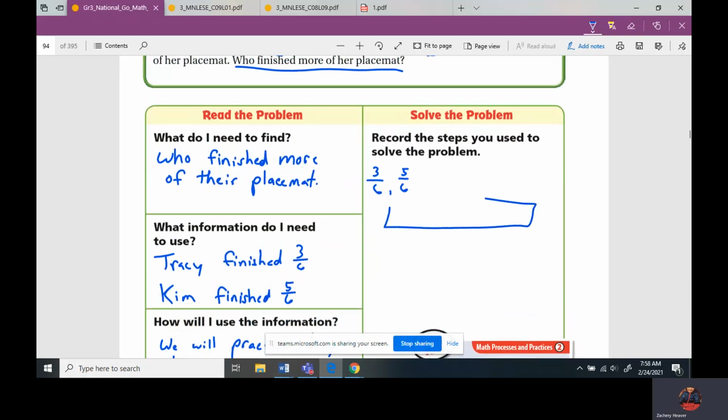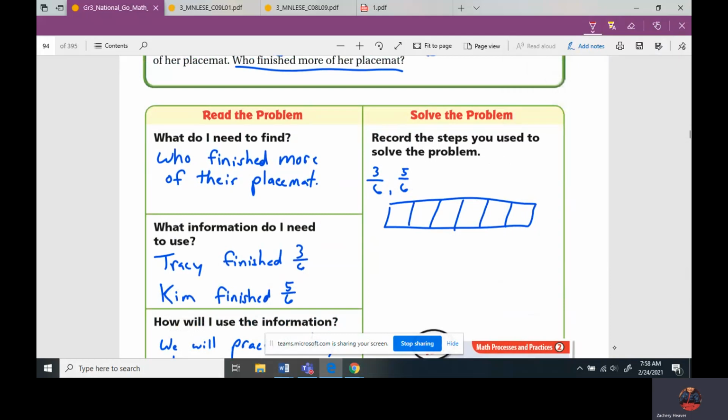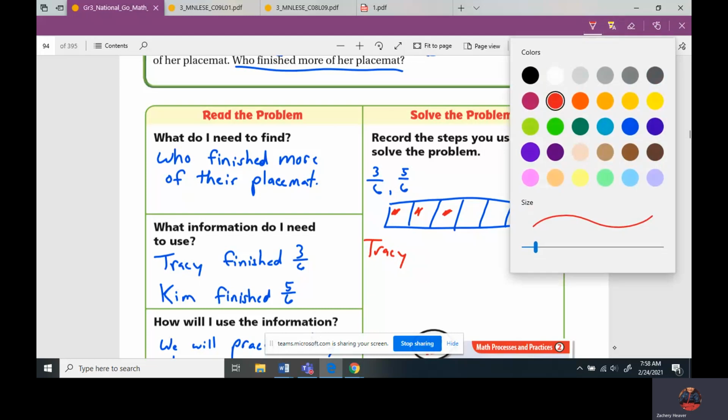I'm going to draw a model, and I'm going to draw it in sixths. So we have 1, 2, 3, 4, 5, and 6. Each of these stand for 1/6. I'm going to color in Tracy as red. So Tracy has done 1, 2, and 3. And Kim, I'm going to color as, let's say, purple.